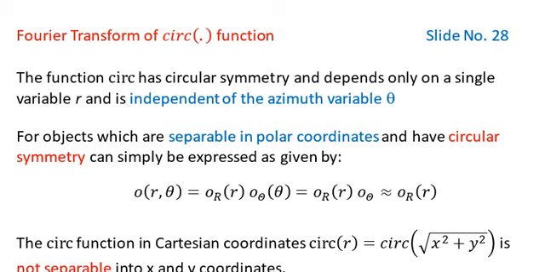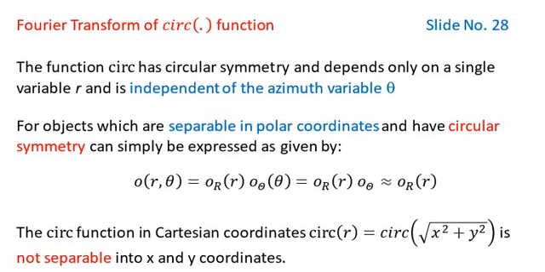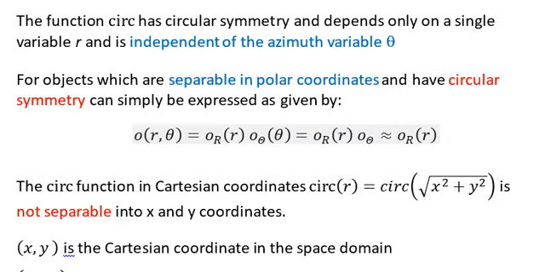The function circ has a circular symmetry and it depends only on a single variable r and is independent of the azimuth variable theta. Objects which are separable in polar coordinates and have circular symmetry can simply be expressed as follows. Here we have o as a function of r and theta, the space coordinates in polar coordinates, and we can split this small o into two functions.